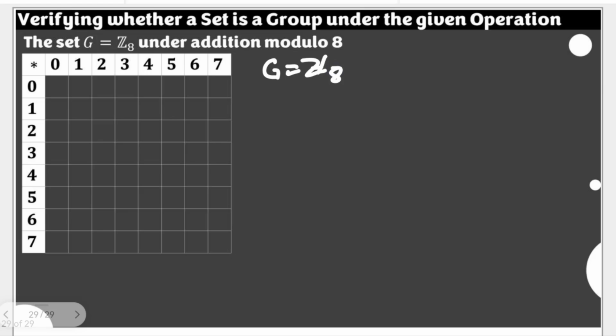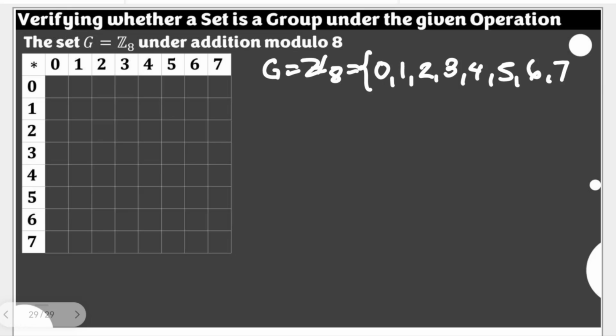is non-empty. Since the operation is addition modulo 8, it means we're talking about the remainders of the numbers when divided by 8. And the remainders start with 0. That is, if we have 8 divided by 8, you don't have a remainder. We have 1, 2, 3, 4, 5, 6, and only until 7.